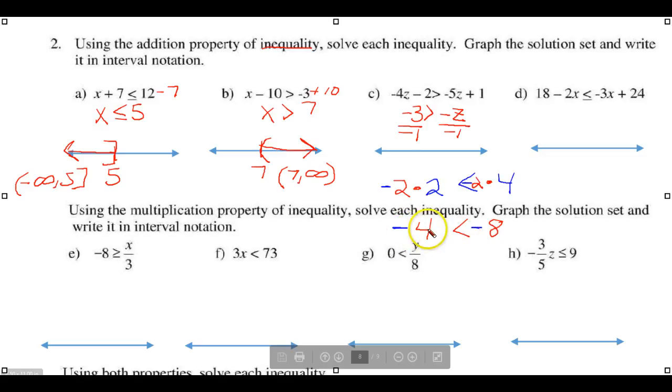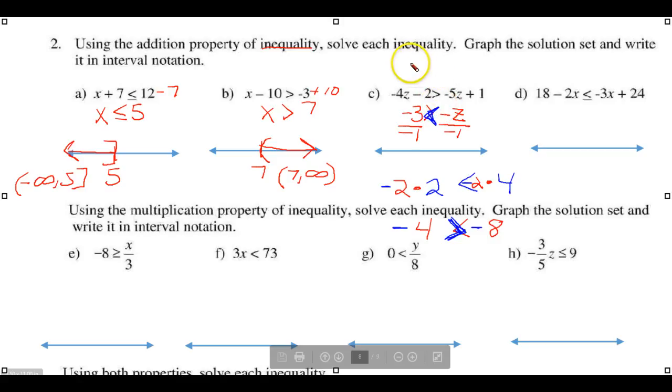Now, is -4 less than -8? And you might say, no, that's not true. So because of this, whenever we multiply or divide by a negative to keep the statement true, we have to reverse the direction of our inequality sign. So right now, it was going that way, so we have to reverse it.